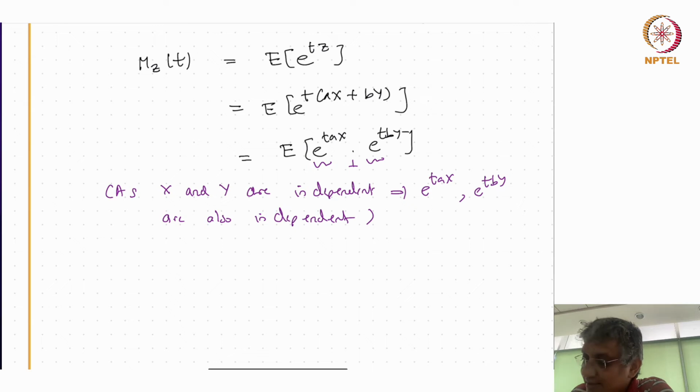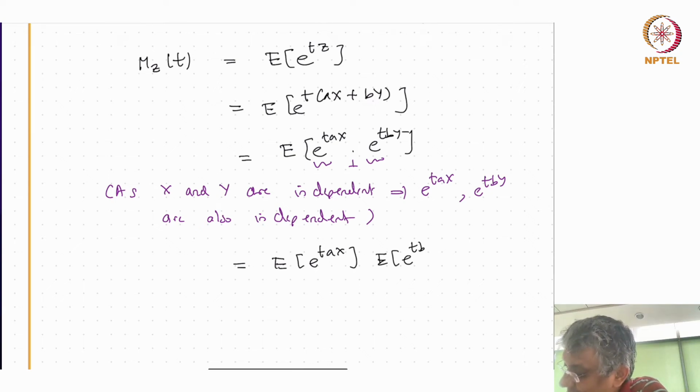So the top is going to become expected value of e to the tax times expected value of e to the tby, because the independence will just split the two things into two parts. But what is this now?